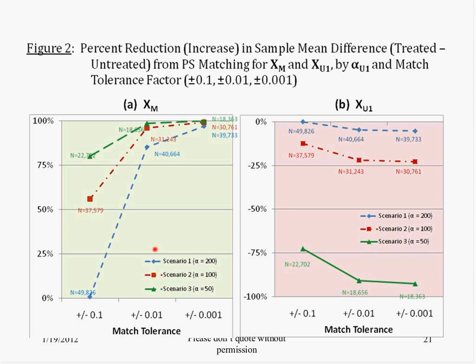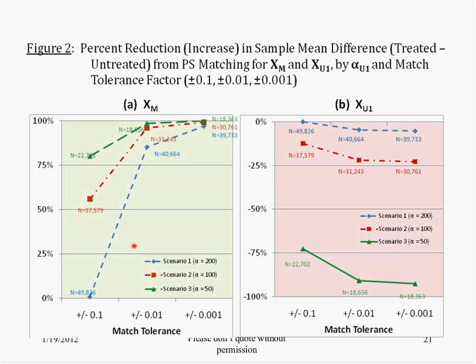In scenario 1, the unmeasured covariates are strongly pulling and moving people around, and when you have the blue line here, that's when it's easier to match people, all across these scenarios. And you can see it's harder to match people when the tolerance falls, as you would expect.